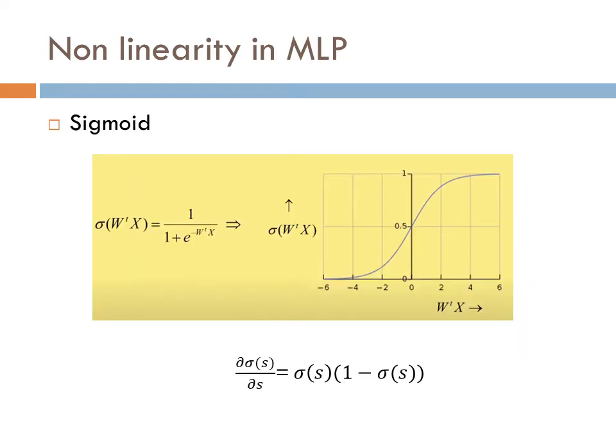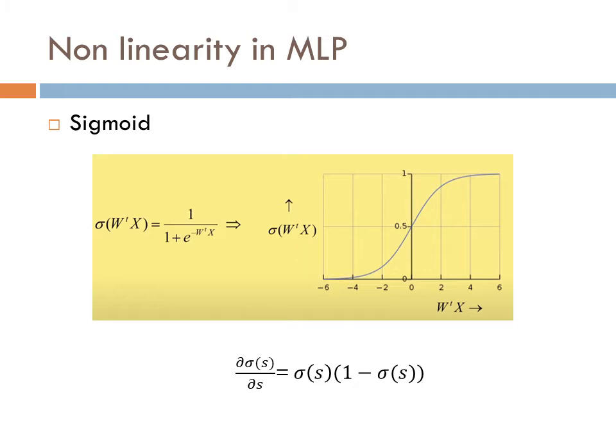Now, as I said, in the multi-layer perceptron the nonlinearity we are going to use is the sigmoidal nonlinearity, of the form shown in the graph. The x-axis takes the value W transpose x, and when you apply the sigmoidal function on W transpose x, the y-axis value ranges between 0 and 1.